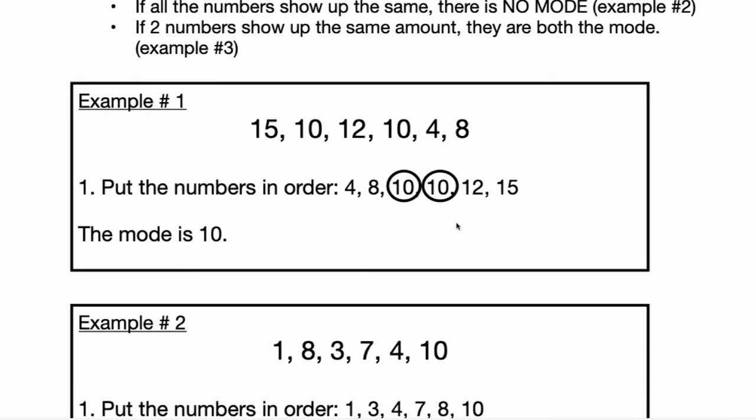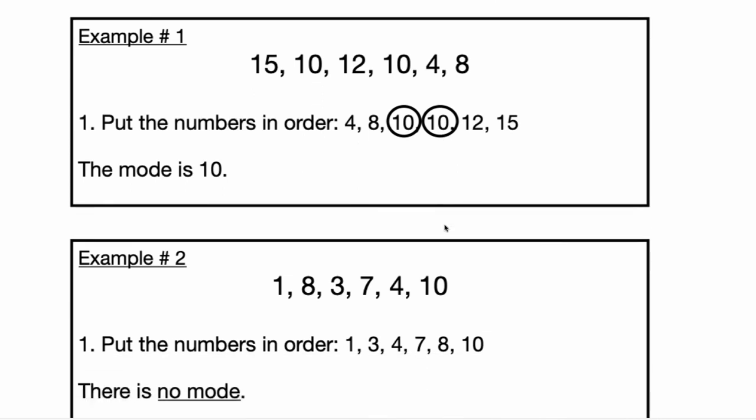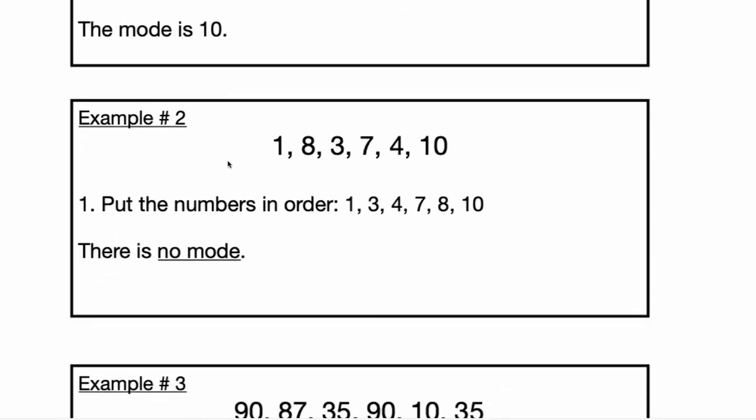So let's go ahead and look at example number 1. We had a set of 6 numbers. We put them in order, and we see 10 shows up the most, so the mode is 10. In our second example, we put our numbers in order and realize that no number shows up any more than the others, so in this case there is no mode.